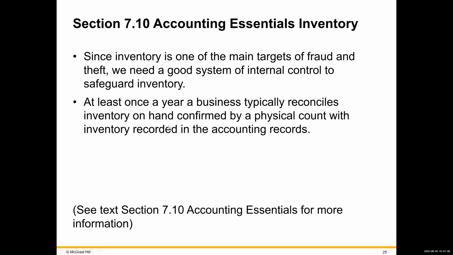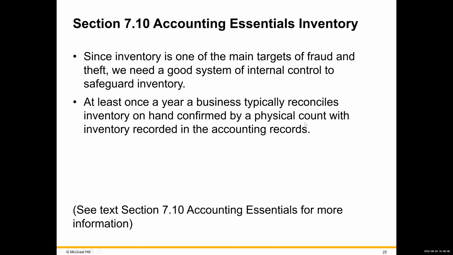Because if we're on a perpetual system, well, there are certain things that could happen that we don't know about. For instance, theft, right? And spoilage, and maybe even obsolescence. So we have to make sure that what we have in our accounting records and what's in QuickBooks is confirmed by a physical count, right?